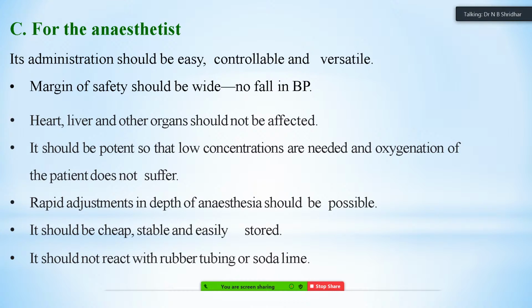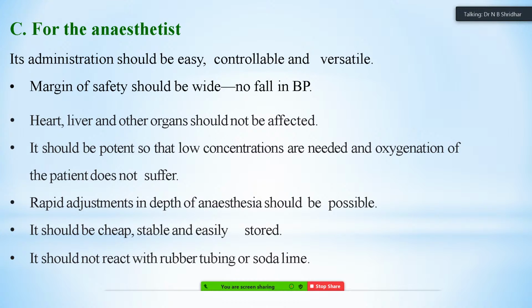The margin of safety should be very wide, and there should not be any fall in BP, because this is one of the important criteria. As soon as the anesthetic agent is administered, the blood pressure starts falling with many anesthetics. The margin of safety should be wide, meaning it should not be so dangerous.